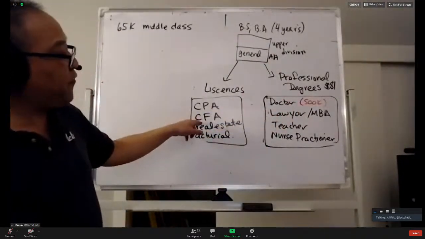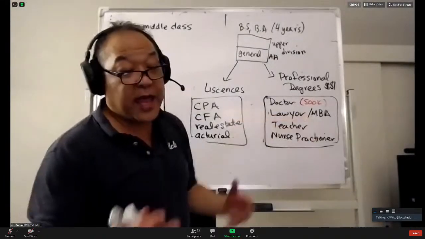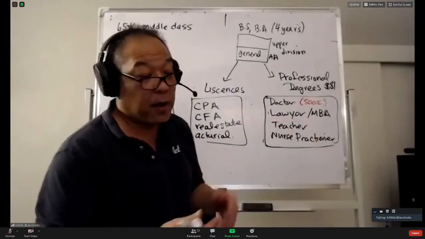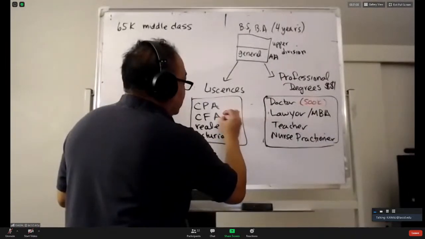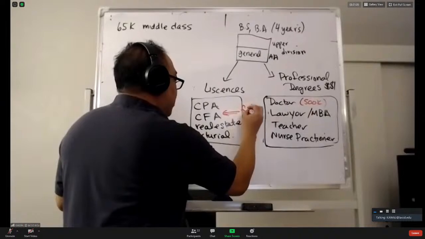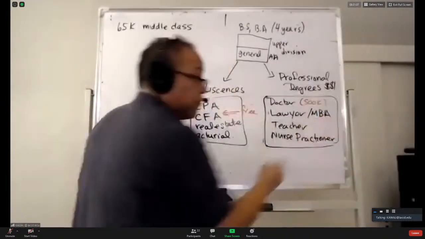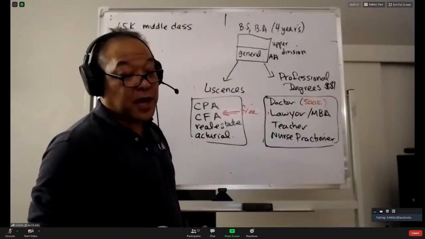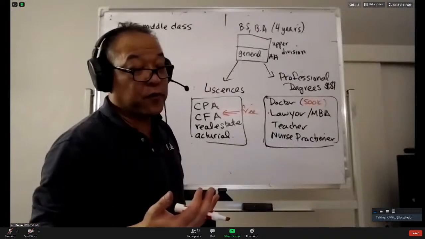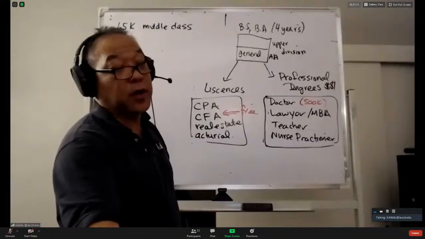Now, the CFA and the MBA compete for the same job. So if you really want to compete for that job, I would do the CFA because this is free. This is expensive. If you're going to compete for the same job and you're going to just study for 2-3 years, why pay someone?